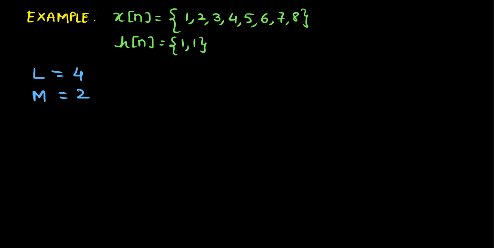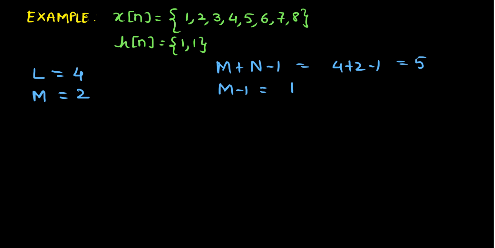So the value of m plus L minus 1 comes out to be 4 plus 2 minus 1, which is equal to 5. Moreover, the value of m minus 1 is 2 minus 1, which is equal to 1.